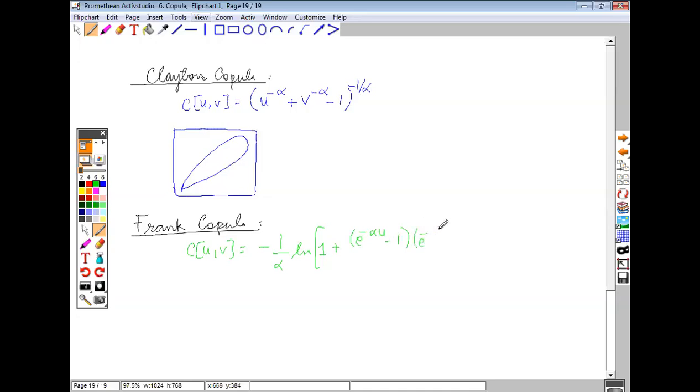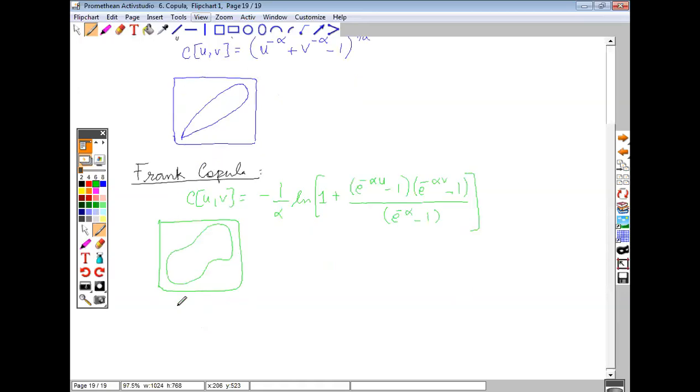It's just very difficult to write with a pen, so you can only consider writing it in Word. This is how your Frank copula looks. In terms of math it looks like that, but in terms of this diagram, there's really no tail dependence going on anywhere. So you can't really say that if your u or v is higher, then the other variable is going to be higher or not.